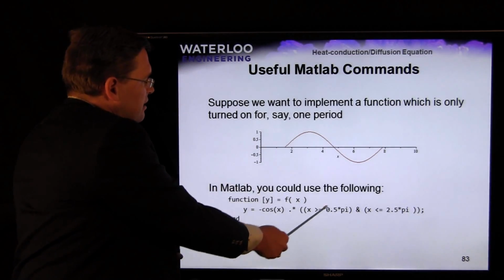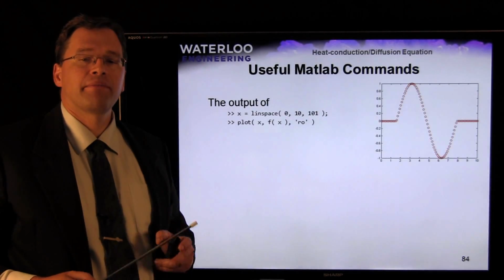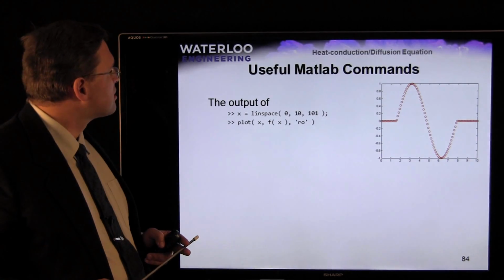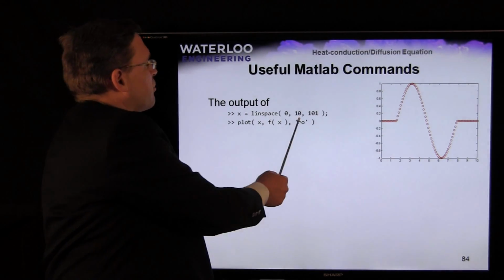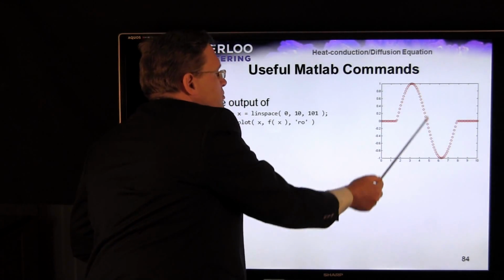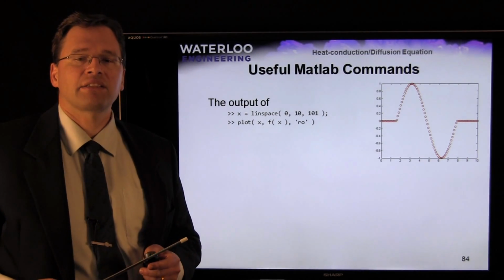So checking that x is greater than 0.5 pi and x is less than 2.5 times pi. Now, if we actually plot this, you'll notice that if we give it 101 points, all of these points is 0, but on that interval, we get the value of negative cos of x.